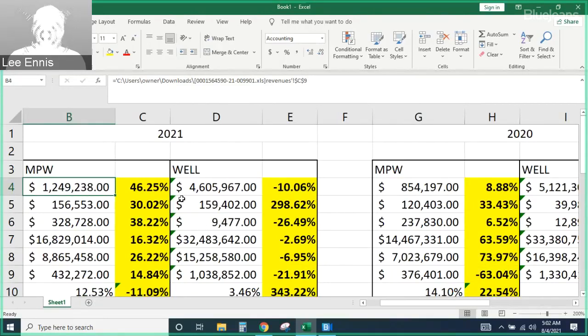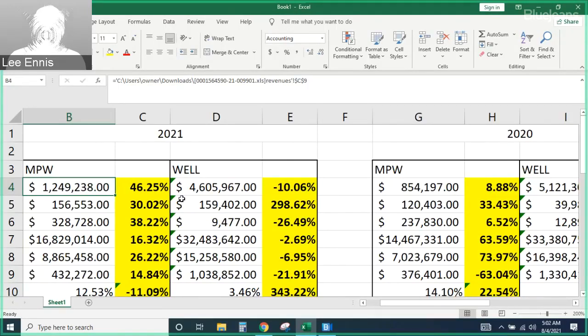I did not do an earnings calculation on this, and I don't really think there's a need. Because if we know that the revenue has come down, then typically earnings are going to come down because shares are going to stay about the same.